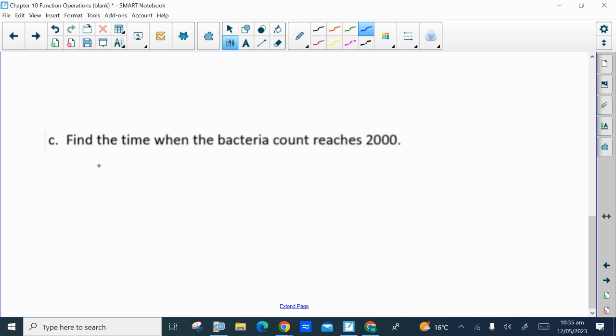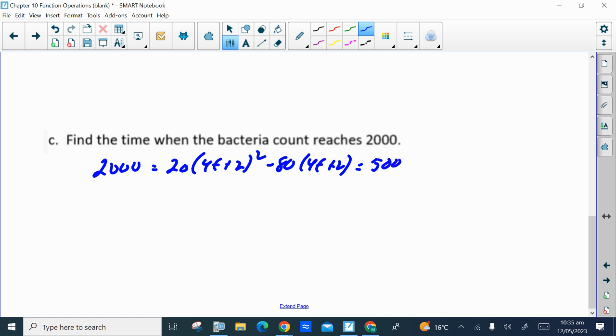So using that formula that we have above, our new one, we're going to let n, the number, equal 2,000. So we want to solve this equation.